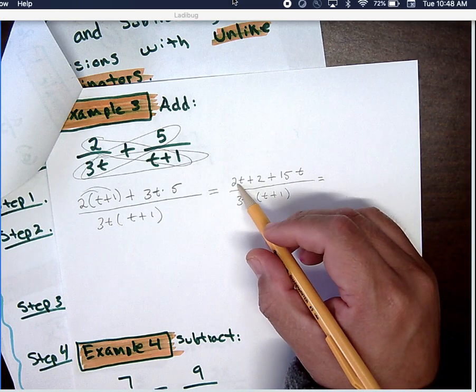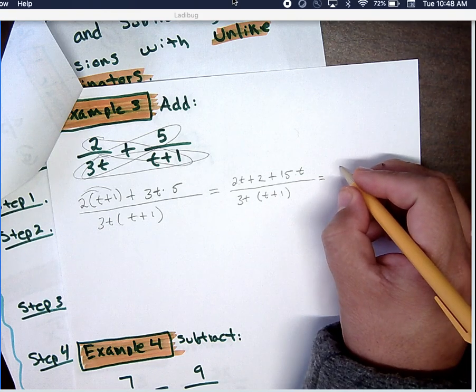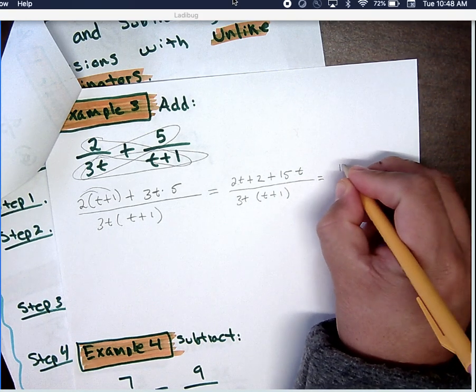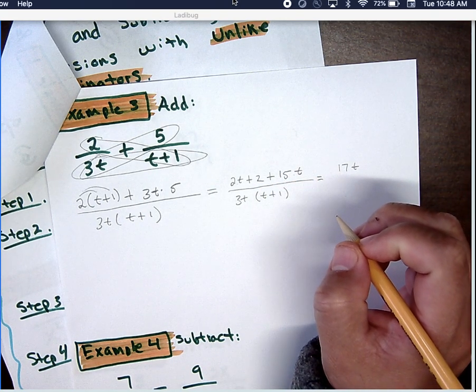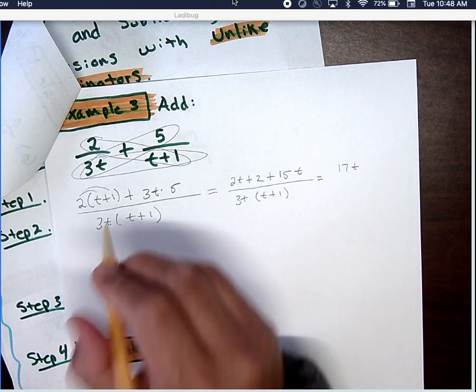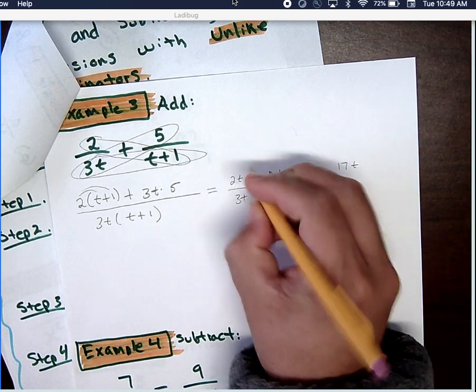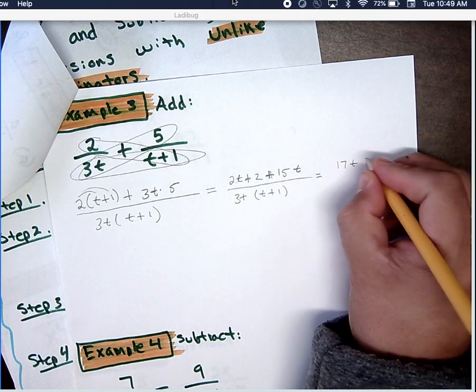So this one, 2t and 15t becomes 17t, and then you have the 2. This is a plus sign. That's not a t. This is the t, and that's the t. So you have plus 2 here.